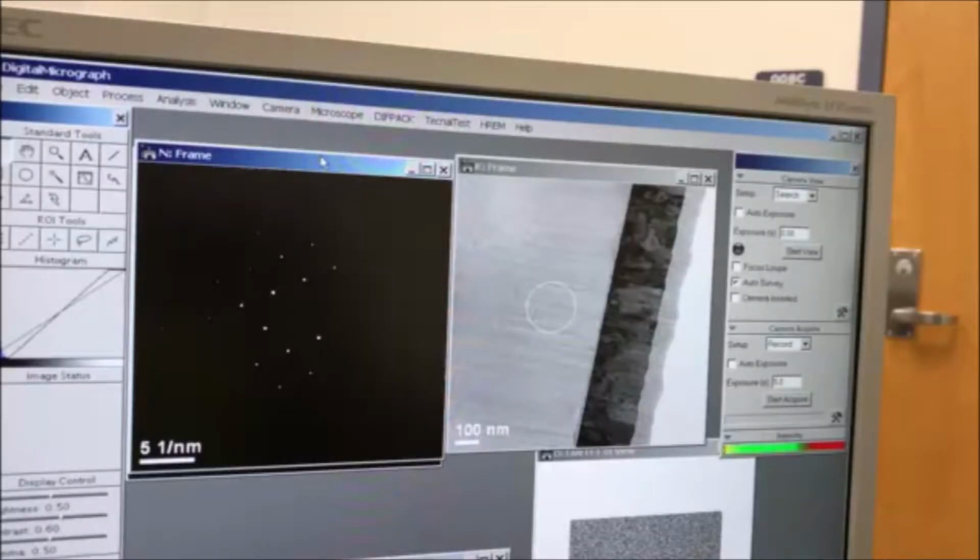So our test specimen is going to be a wafer of single crystal silicon, and on the right here in Digital Micrograph you see an image. It's not technically a bright field image, it was taken with a multi-beam condition, so technically that would be a high resolution image, but you see an image of the specimen, and so that dark strip is actually a film of gold, which we're not interested in because it's polycrystalline, but to the left of the gold is actually the single crystal of silicon.